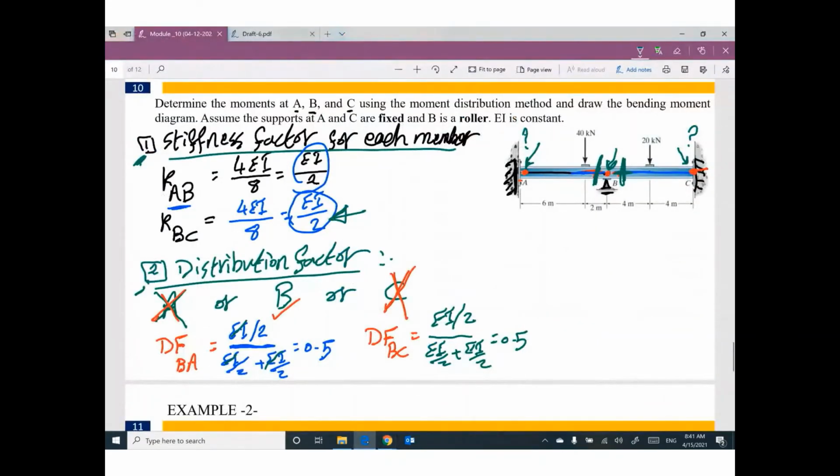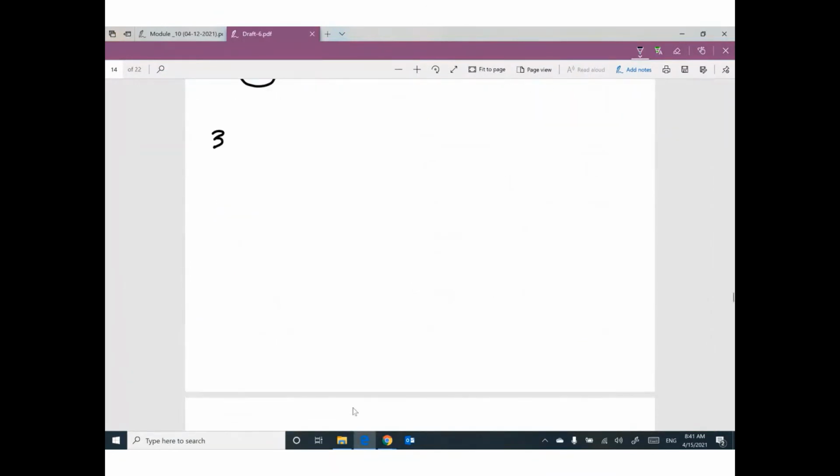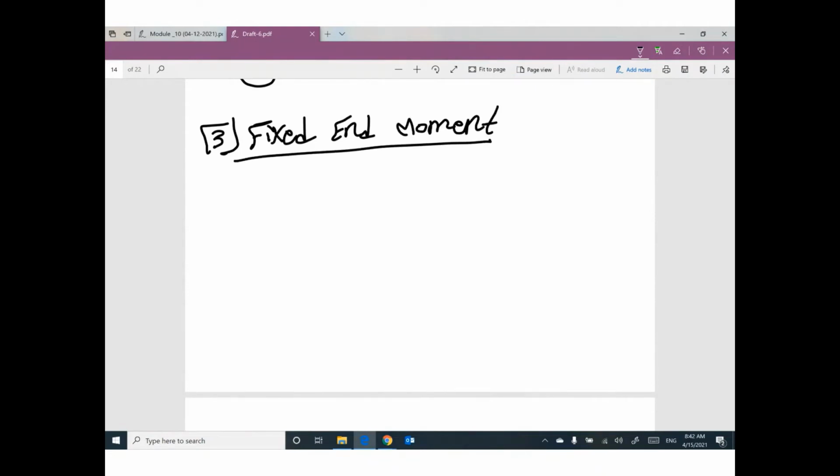Third step, another piece of cake. Third step, fixed end moment. Guys, I'm going to assume member AB as fixed, and the member BC as fixed.